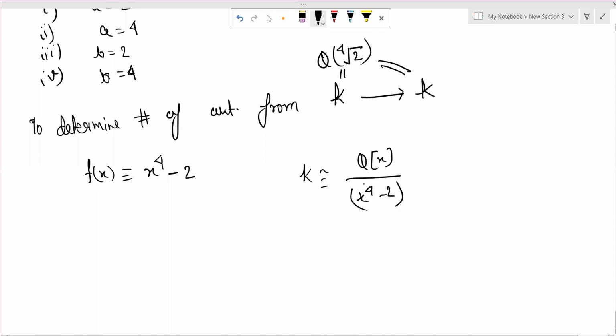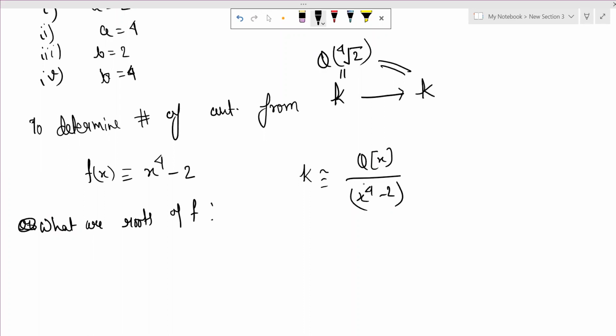So what is this field? What are the roots of f?